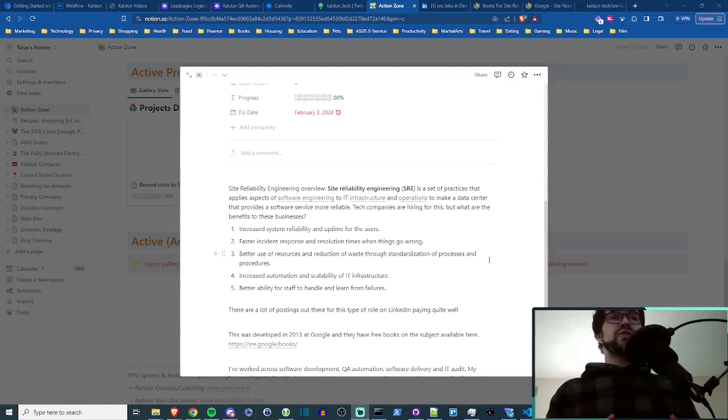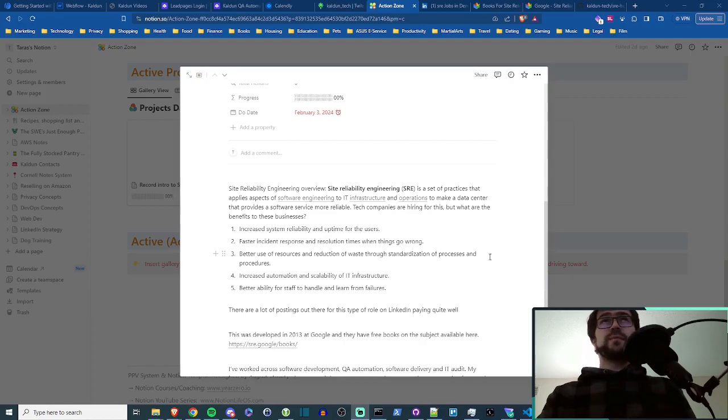Really, tech companies are hiring for this, and I just want to quickly talk about some of the benefits to businesses of having this system reliability engineering practice in their organization. So the first benefit is that it increases the reliability and uptime for the users.